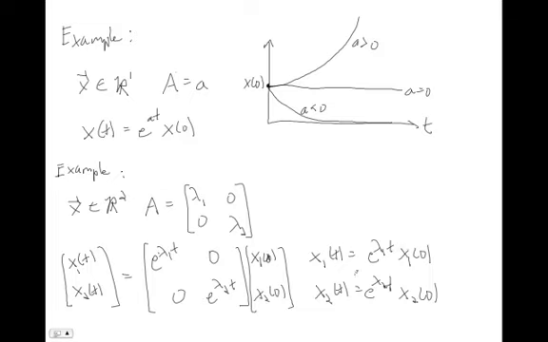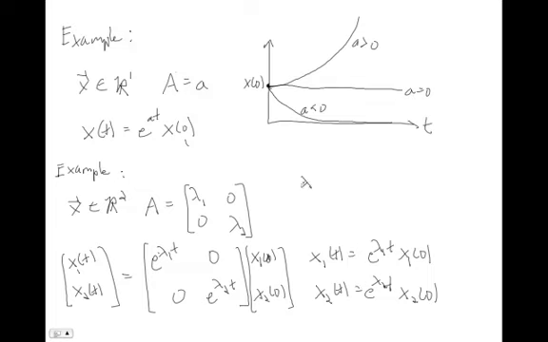And each one of those decoupled variables looks just like the scalar first order variable from the previous example. So because they're decoupled, if one is unstable or one is stable or one is marginally stable, meaning it's not growing or decaying, it doesn't affect the other one.